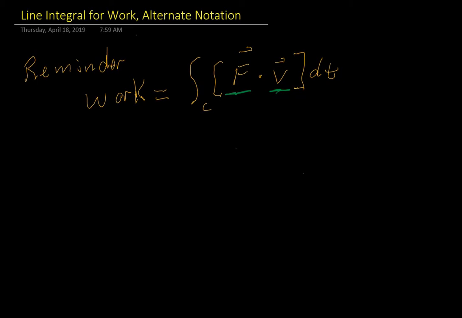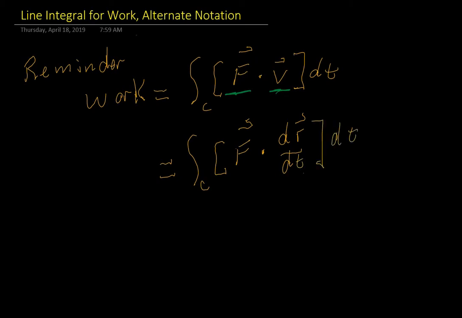So the notation that the book uses, we'll end up with in just 2 short steps, takes this notation we have here, line integral, and makes us recall what a velocity vector is. And the velocity vector is the derivative of the position vector or the curve with respect to t.